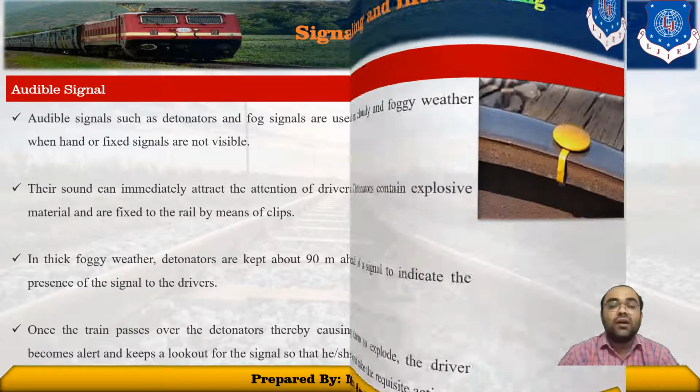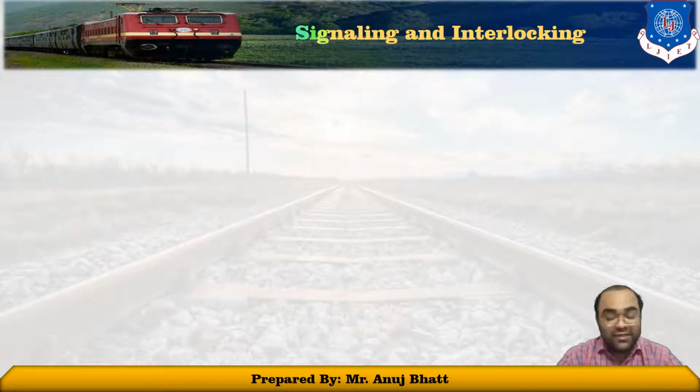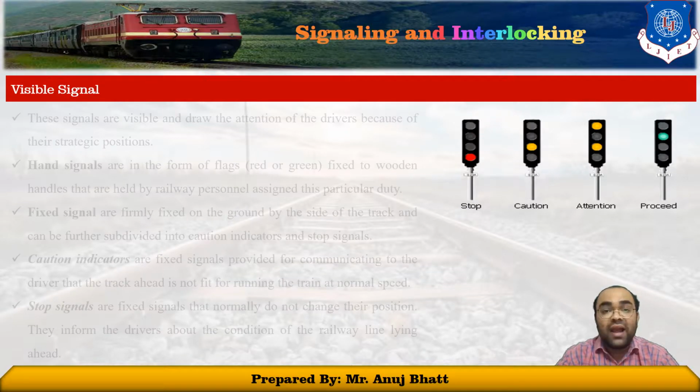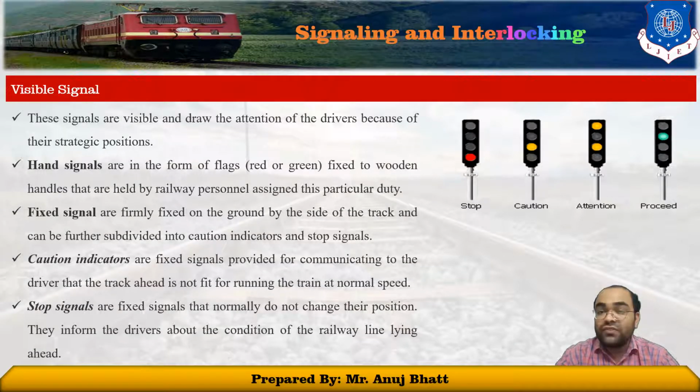Now let's see what visible signals are and what the types of visible signals are. These visible signals draw the attention of the drivers because of their strategic positions. As we have seen earlier, there are two types: the hand signals and the fixed signals.